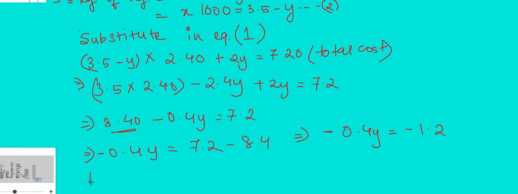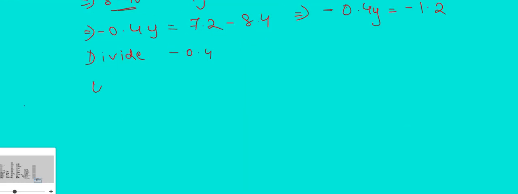Now we divide both the sides of the equation by minus 0.4. Y equals minus 1.2 divided by minus 0.4 is equal to 3.